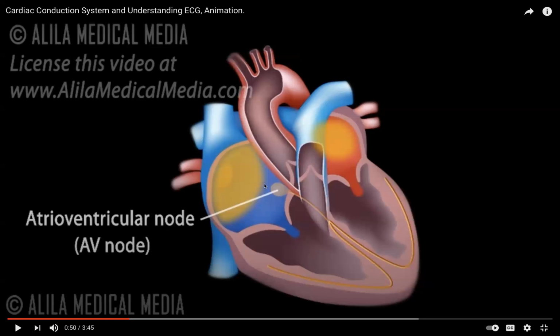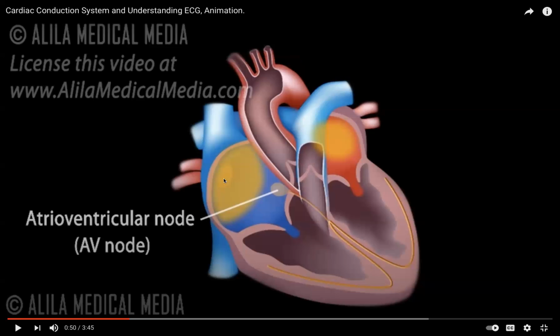So there has to be a delay between here and here. And that's why the AV node is called, I call it the brakes. Textbooks call it the gateway. And also, this yellow stuff here, that's the electrical impulse, also known as your action potential, right? And that's the electricity that your EKG is detecting.